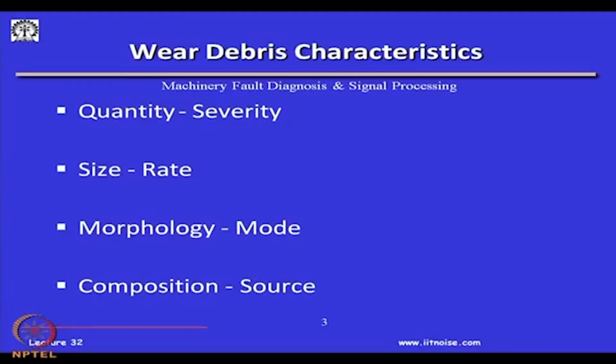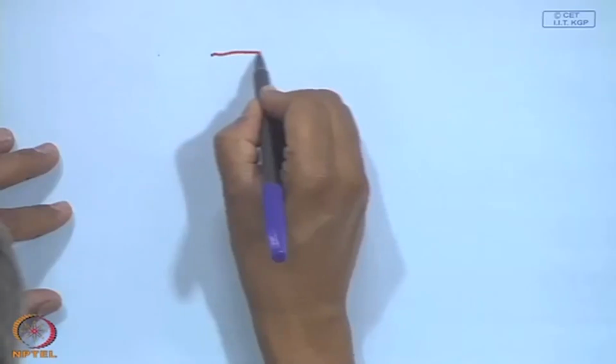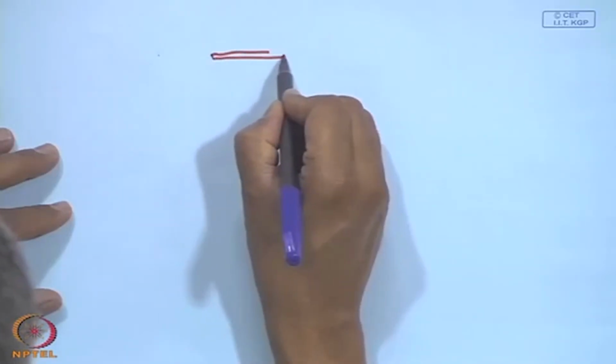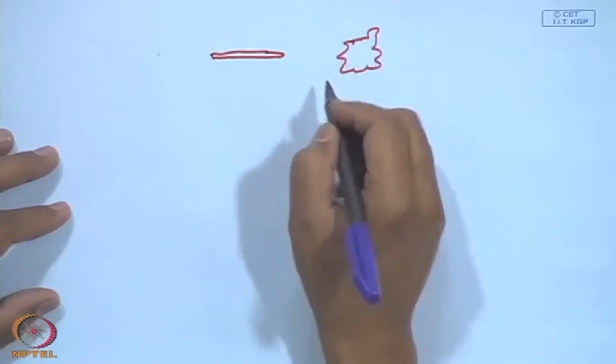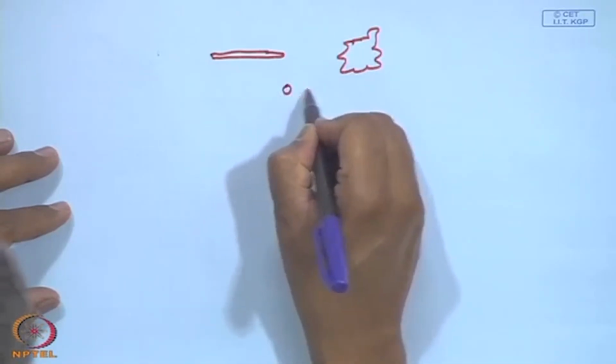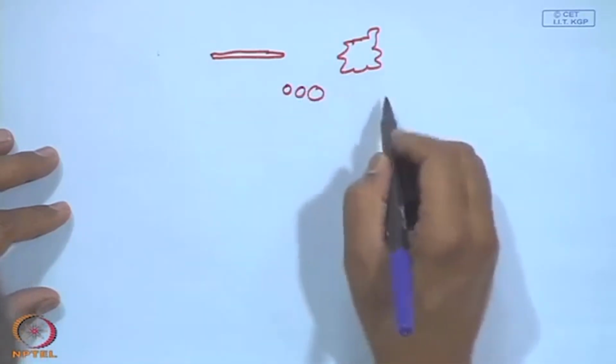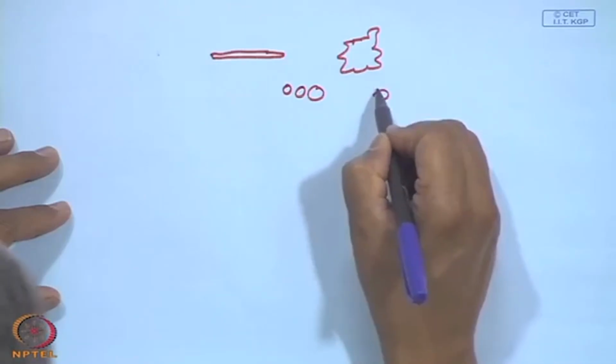Now, what happens? The next point is size of the particle. We are getting size of the particles. This wear debris comes in many forms. One could be laminar strips, one could be irregular shaped particles, one could be spheres. Okay, some could be curled strips.